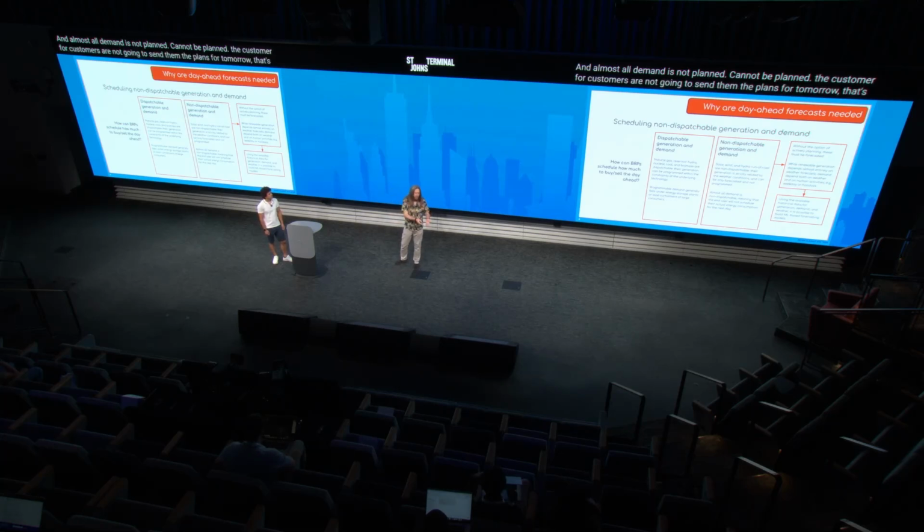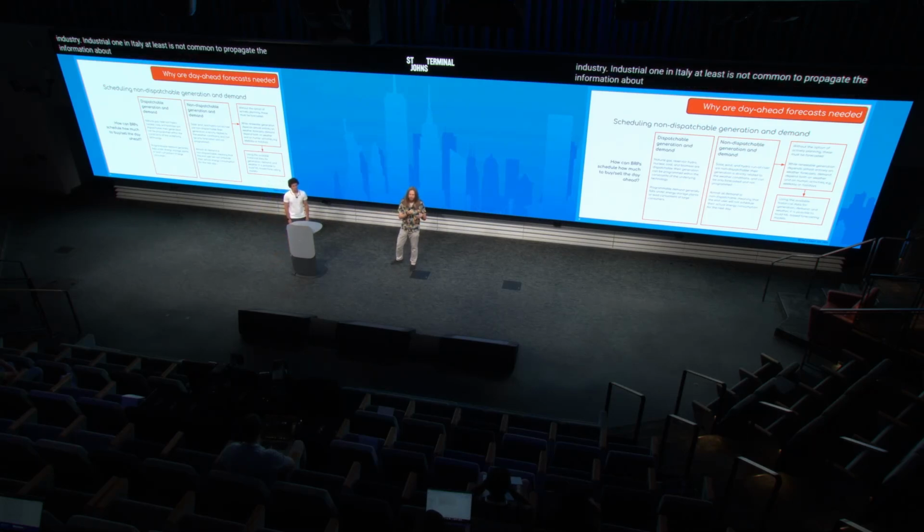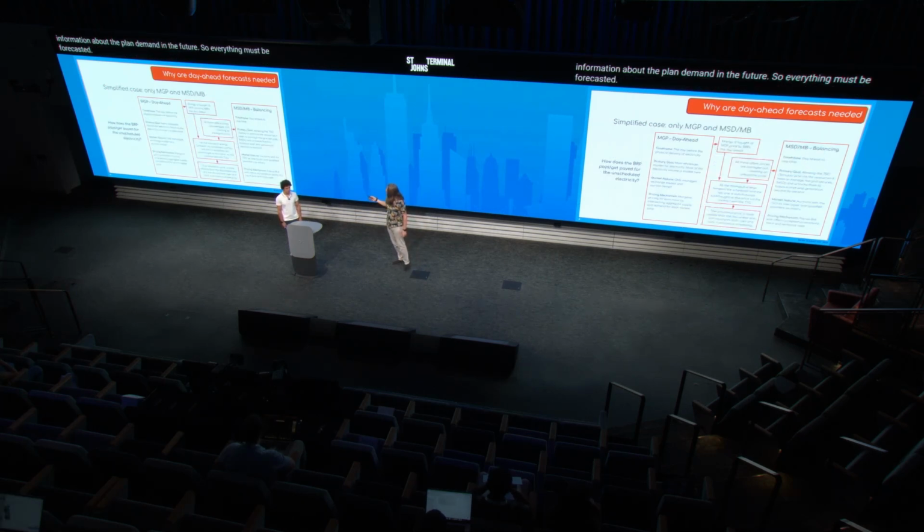That's true for the small, domestic ones, but also for the big industrial ones. In Italy, at least, it's not common to propagate information about the planned demand in the future, so everything must be forecasted.